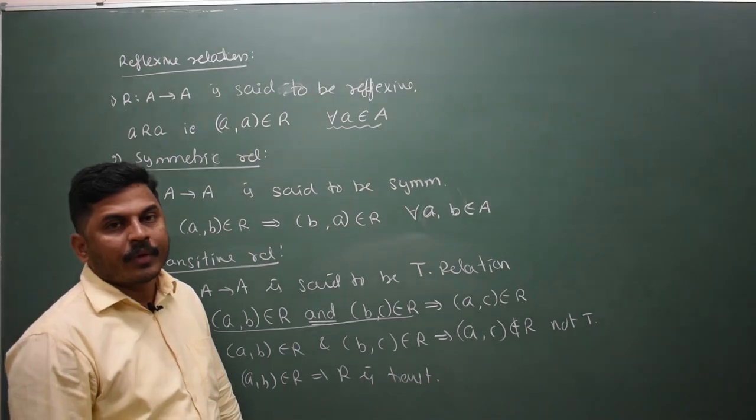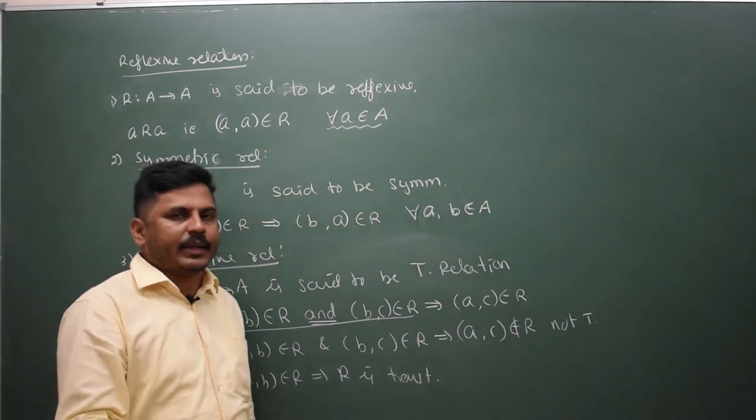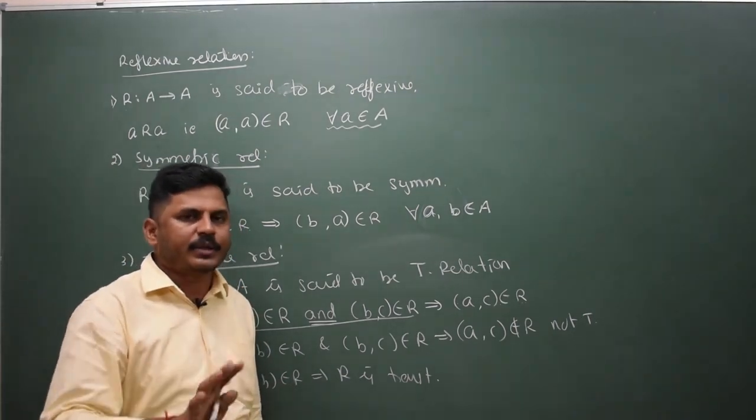Whenever A related to B exists but B related to C does not exist, it is transitive.